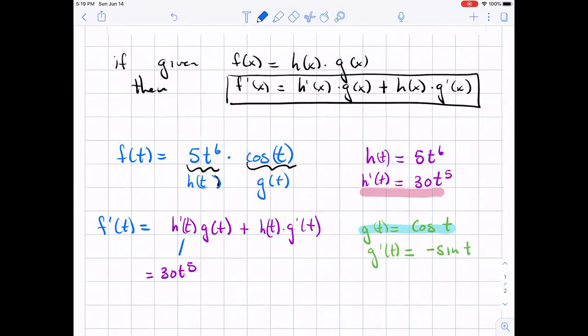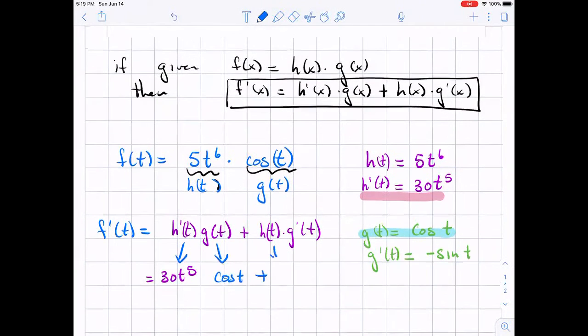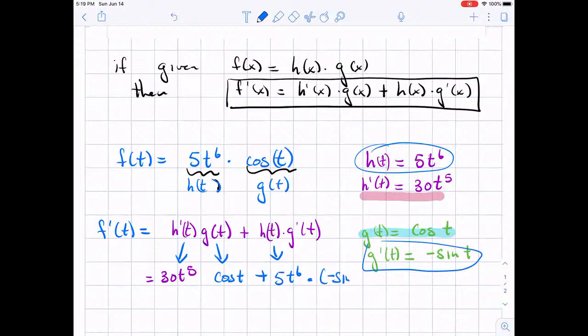So h prime is this, g of t we know is cosine of t, plus h of t is here, so that's 5t to the 6 times g prime of t, which is minus sine of t.